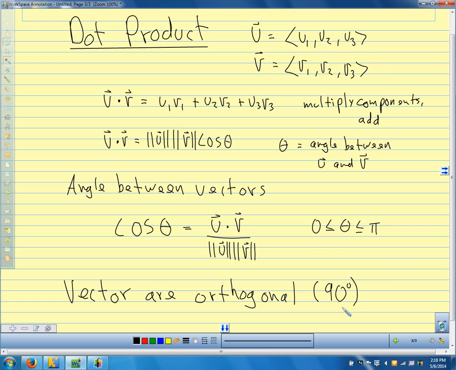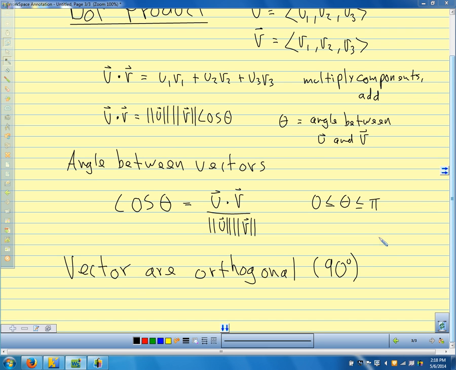So our vectors are orthogonal, 90 degrees to each other, if, do we remember what's true if our vectors are orthogonal? u dot v equals 0. So our vectors are orthogonal if the dot product is 0.